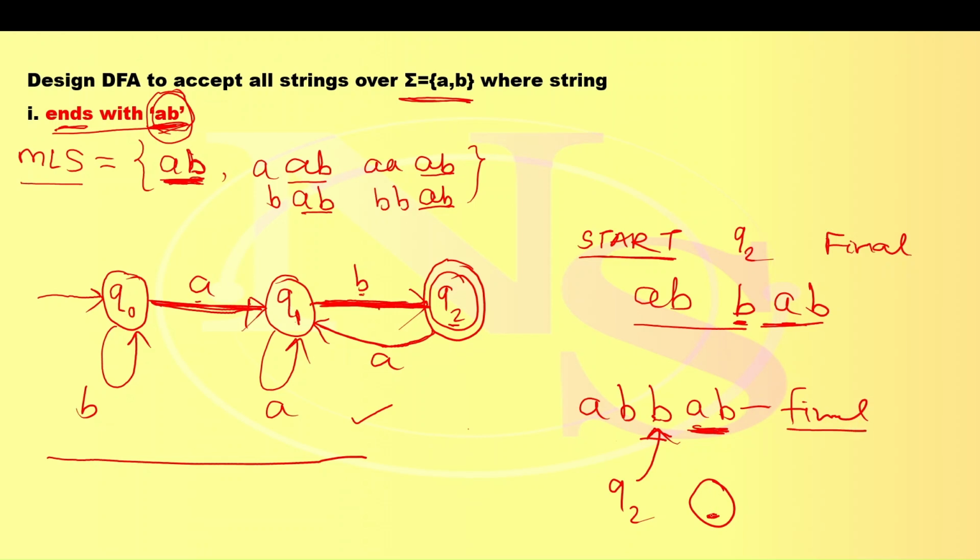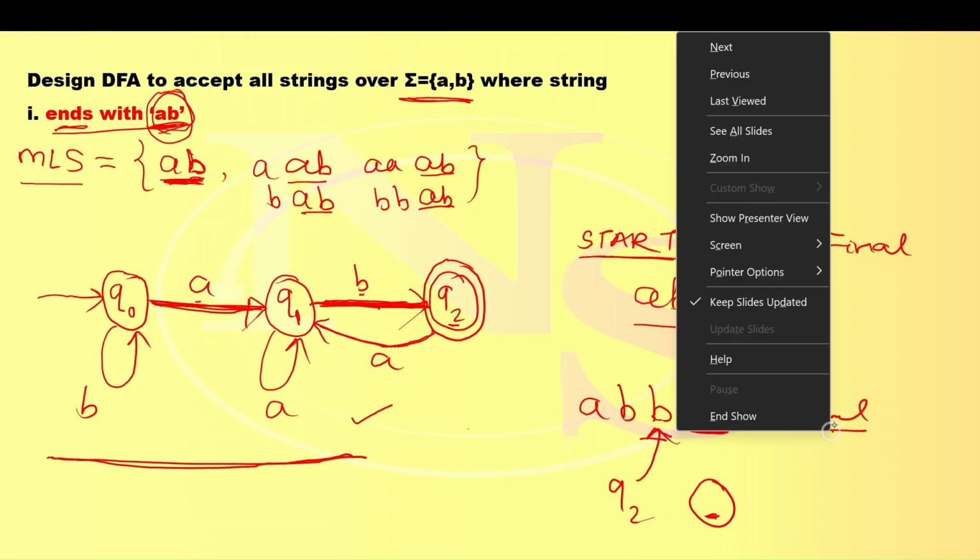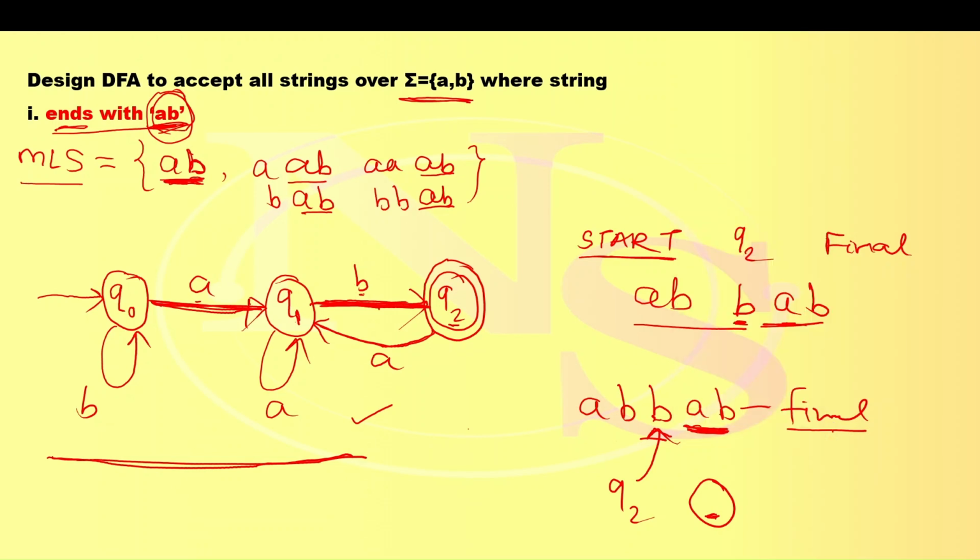So from that some other state, there will be a path reading this AB going to the final state. In our existing DFA, find the state from which there is a path for AB towards final. It's Q0, because Q0 is reading A as well as B and going to final.